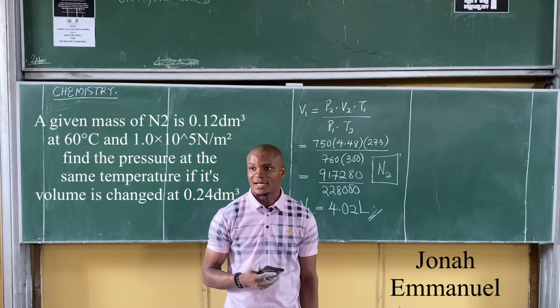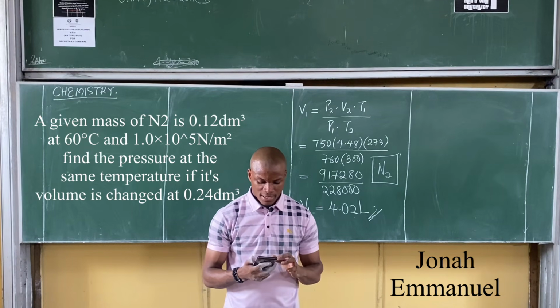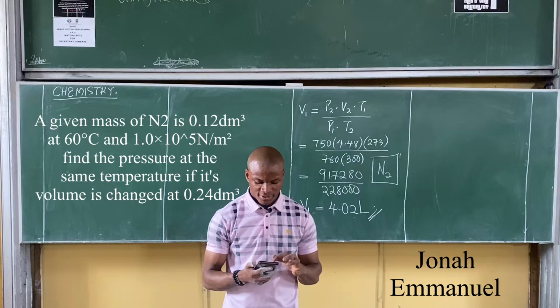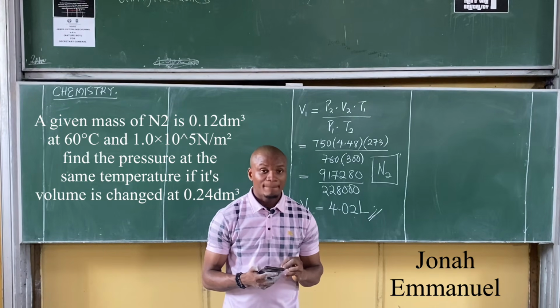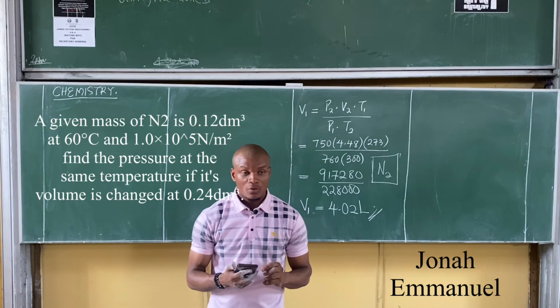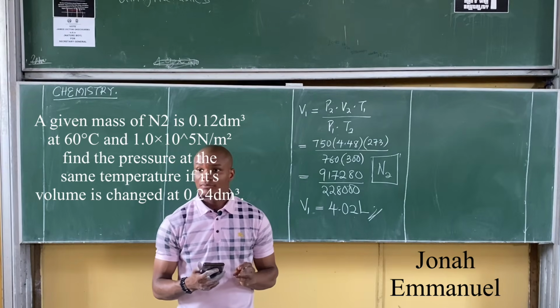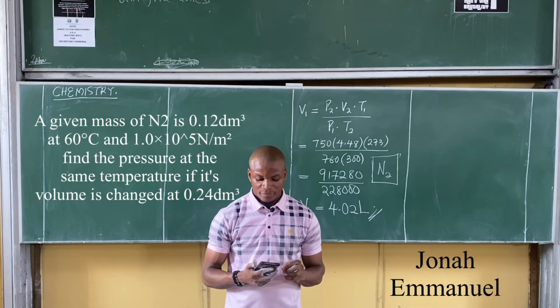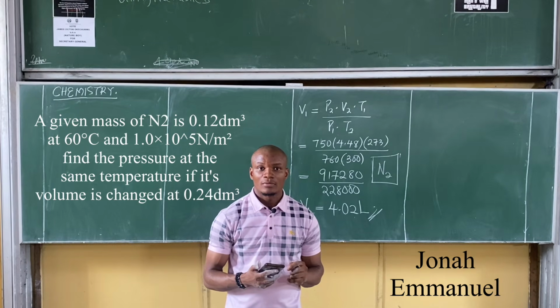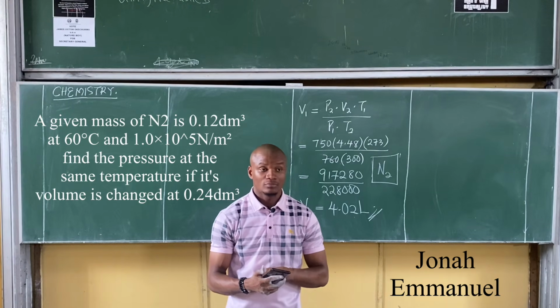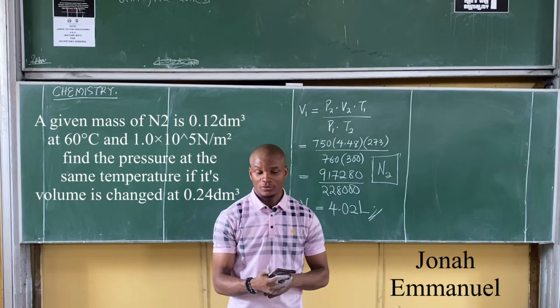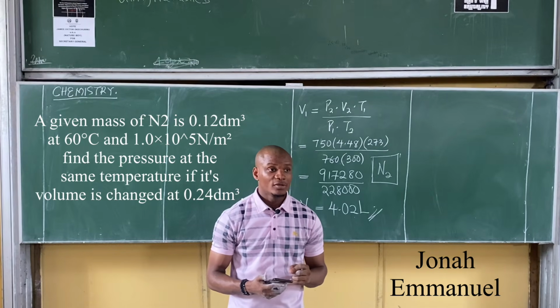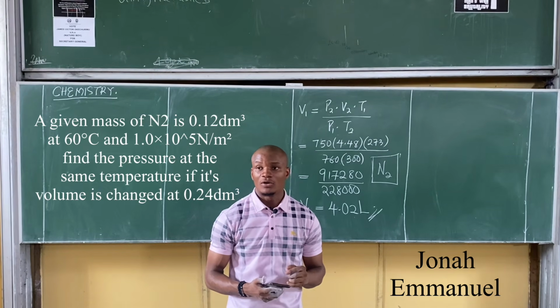A given mass of N2 is 0.12 dm cubed at 60 degrees Celsius and 1.0 times 10 to the power 5 Pascal.